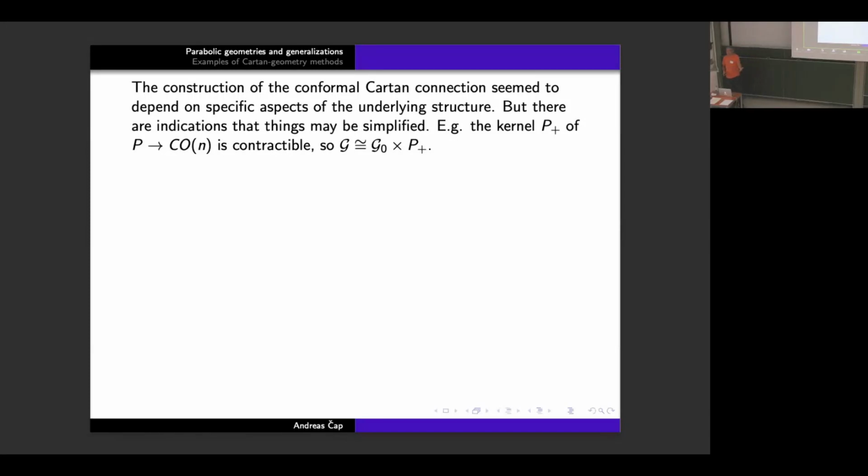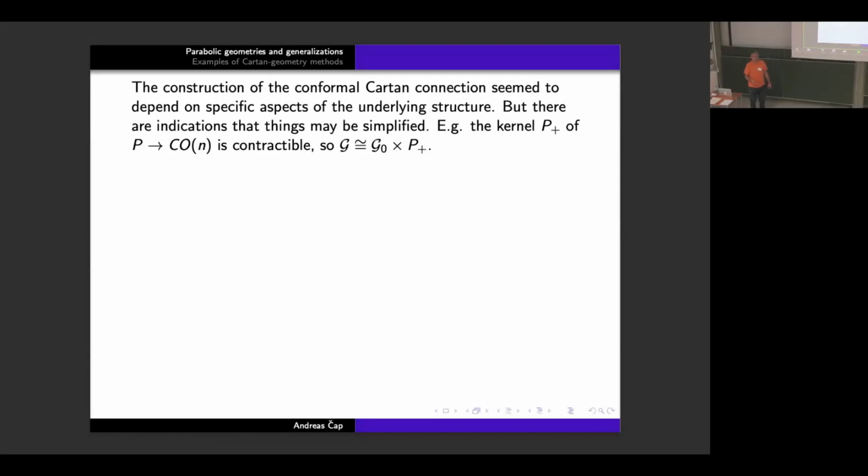But if you look at these things from a general perspective, you find out that some things have to be actually quite simple. Because, for example, we were talking about P plus, which was what I called the higher order part yesterday. These correspond to automorphisms that fix a point to first order, but not to second order.